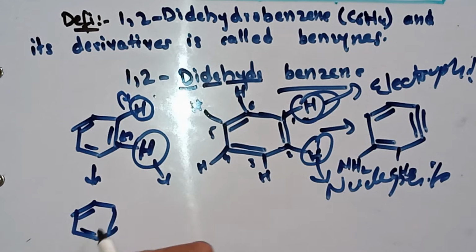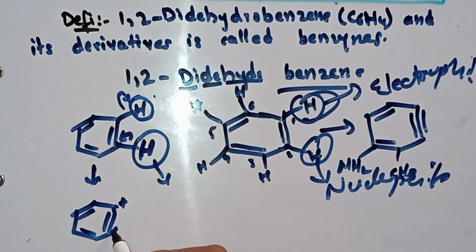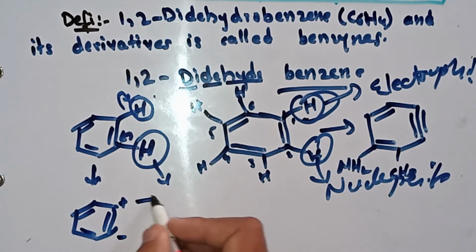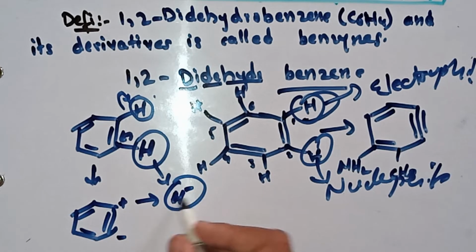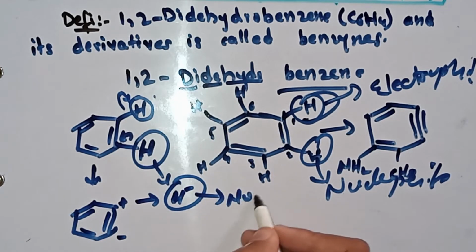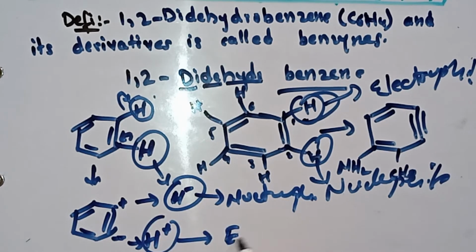Here the positive charge will come on this carbon, and negative charge on the other carbon. This carbon generates a hydride ion, which acts as a nucleophile, while the other carbon generates a proton, which acts as an electrophile.